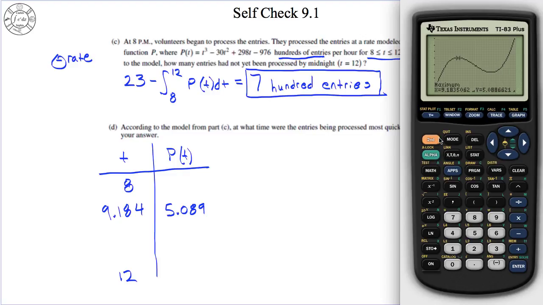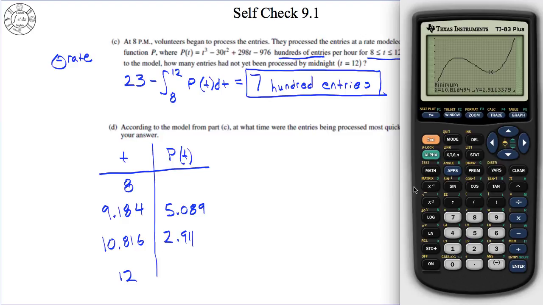We can find a minimum here too by doing second trace, and minimum is 3. So this is 8, 9, 10, so let's go between 10 and 12. How about 10 and 12, and anything between there, 11. And our minimum is right there, 10.816, and yeah, it's obviously lower, it's 2.911.